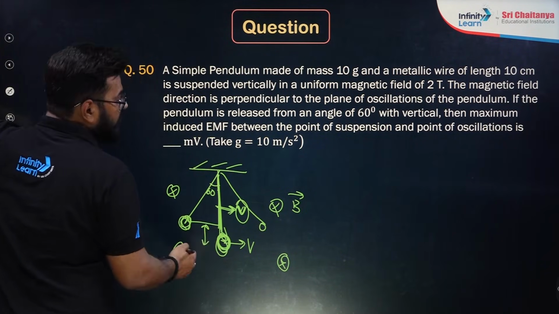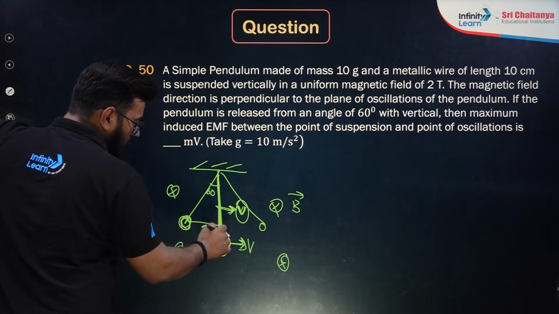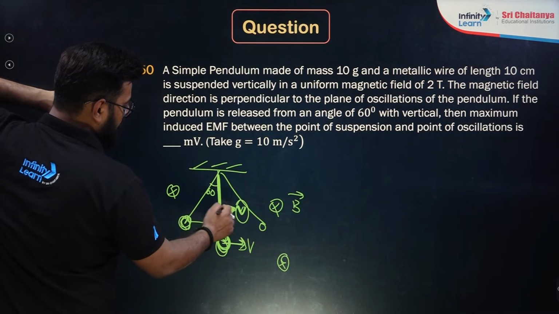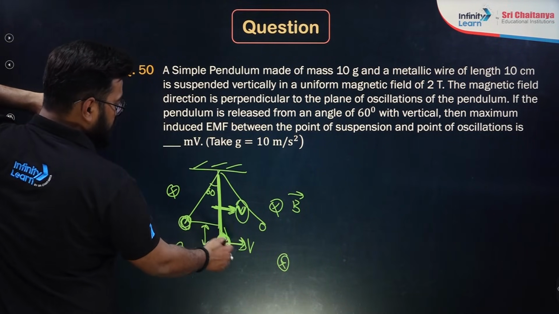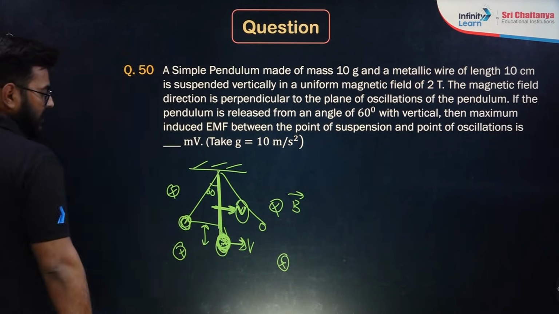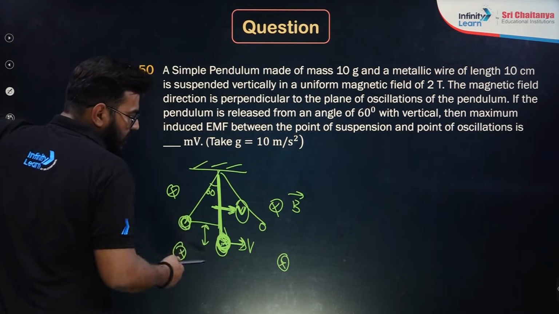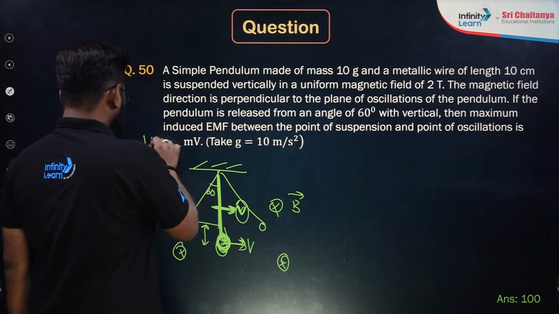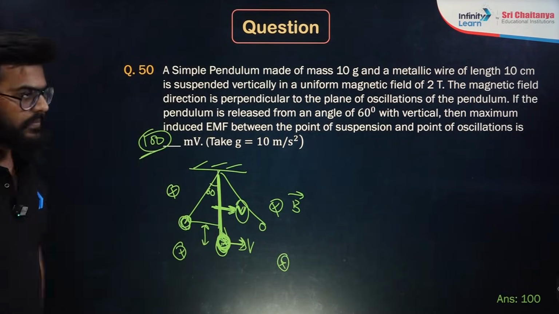Then whatever is the value of velocity, that will be the velocity of this metallic wire also. The metallic wire mass is not given, so you can ignore it. You just need to consider the mass of the pendulum. So V cross B into L will give you the value of EMF, which will be equal to 100 millivolt. Okay. So I hope you have understood all these questions.